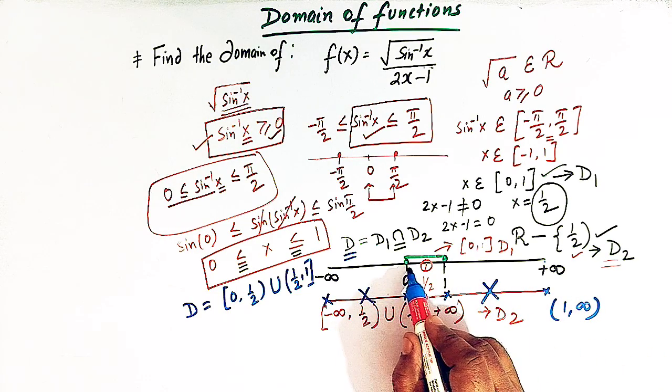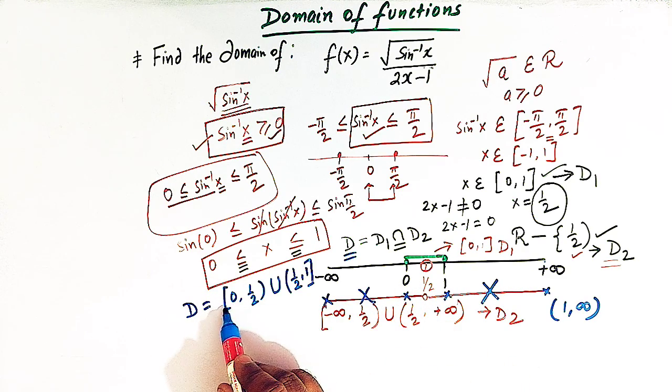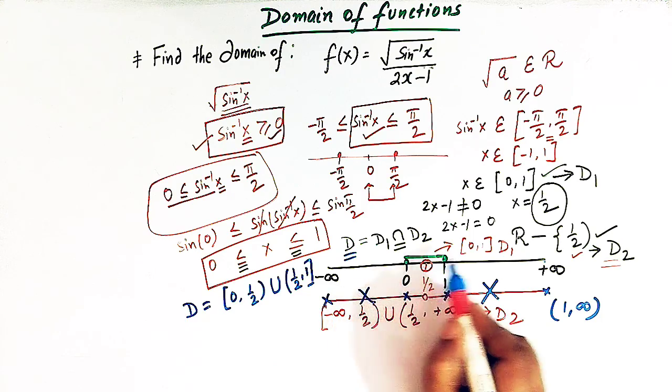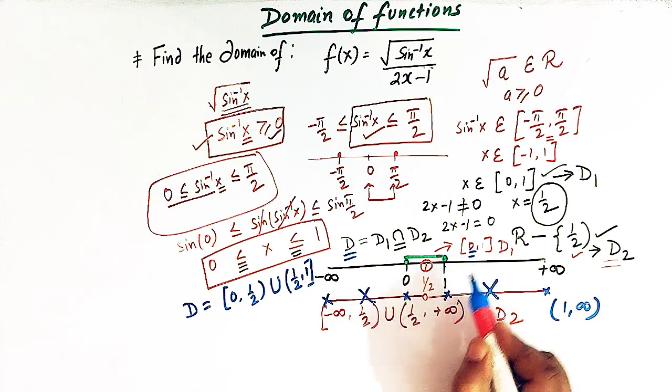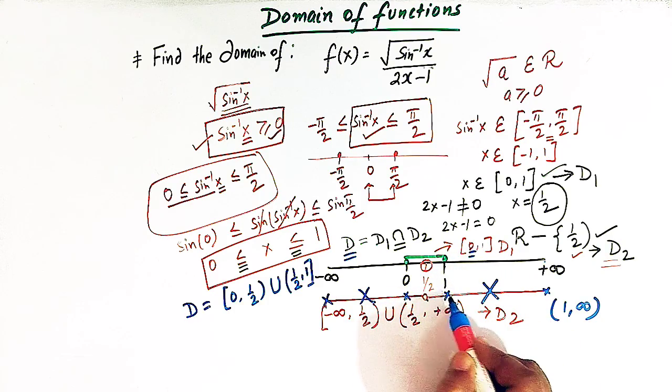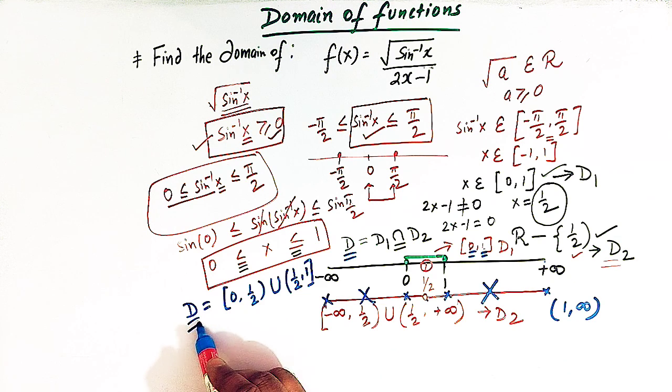So the common region is from 0 to half, and 0 is included because here we have 0 included, and then 0 to half, and then half to 1, and 1 is also included. So the domain is given by this expression.